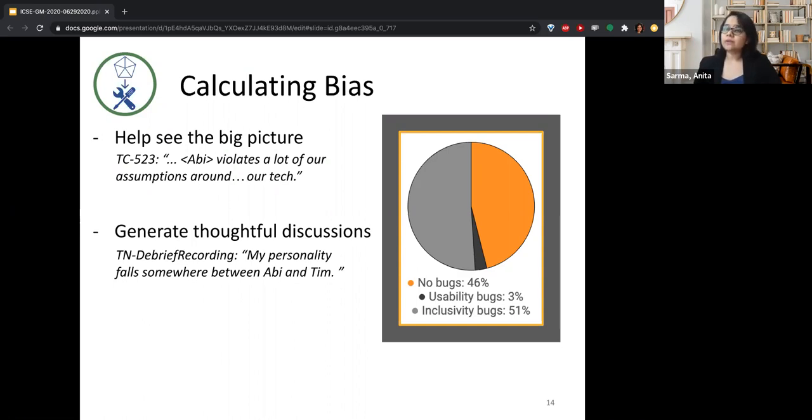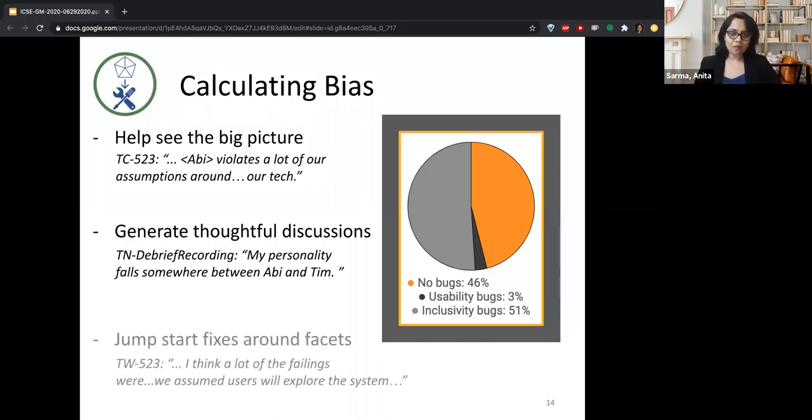For example, a participant said, my personality falls somewhere between Abby and Tim, like this is how I would work. It also helped jumpstart fixes around the facets. Team TW says, I think a lot of the failings that they found in this evaluation, we assumed users will explore the system. They expected people to tinker around.